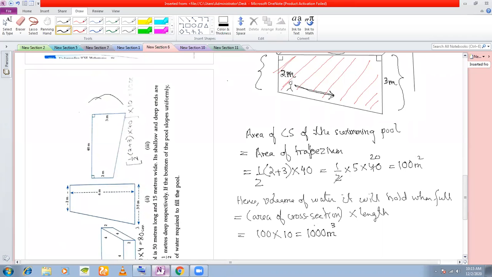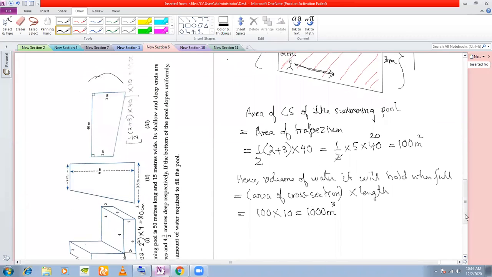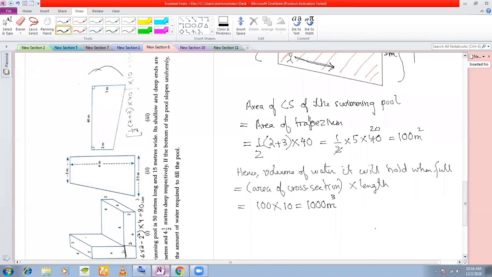1000 meter cube. How many meter cube is 1 liter? Can you tell me? 1 by 100. Yes, 1 by 100 liters is 1 meter cube. Okay, so if you want to express it in liters, you can also express it in liters.